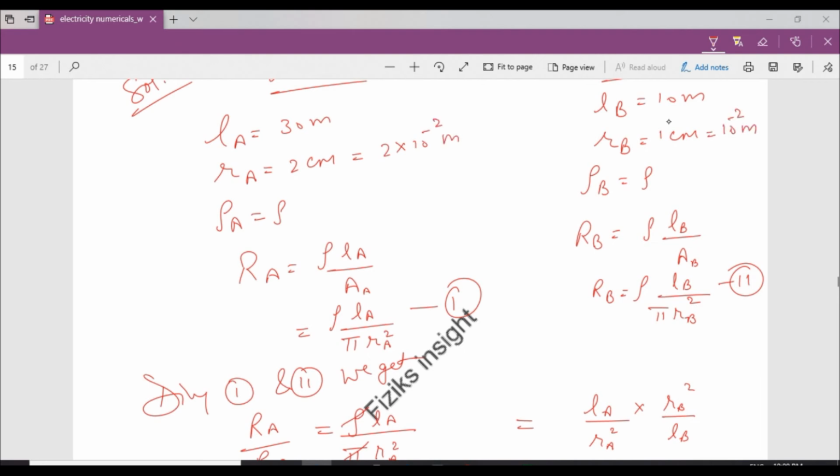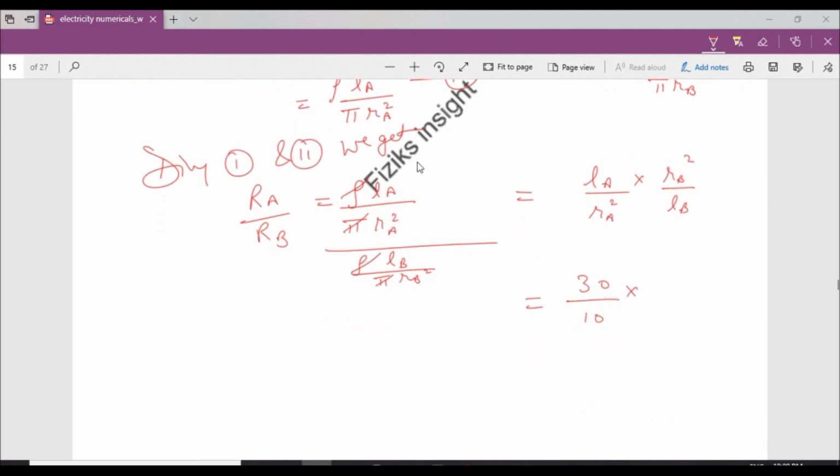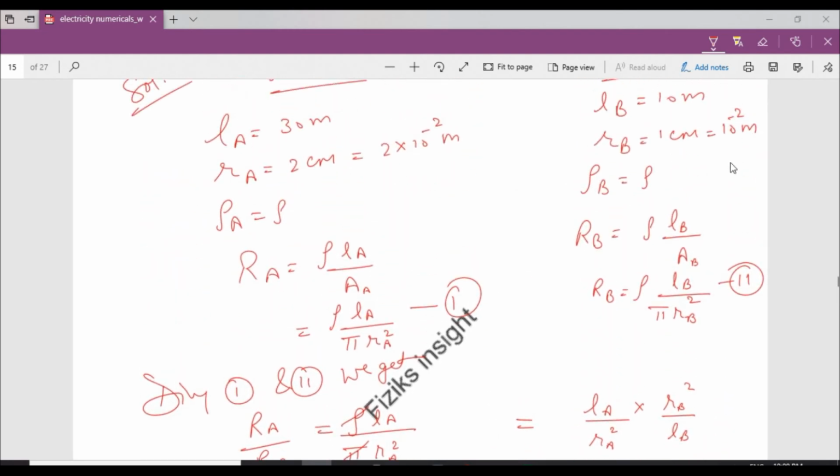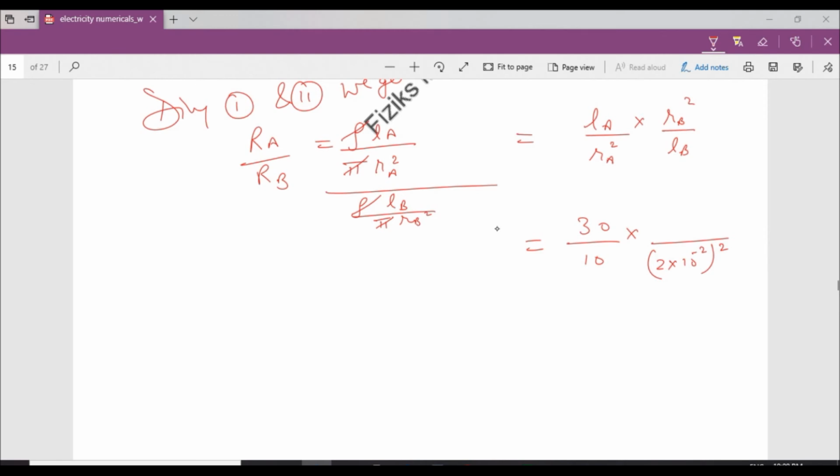So RA will be 2 into 10 raised power minus 2, squared, and RB will be 10 raised power minus 2, squared. The 10 raised power minus 4 terms cancel. So we are getting 3 into 10 raised power minus 4 upon 4 into 10 raised power minus 4, which gives 3 by 4.